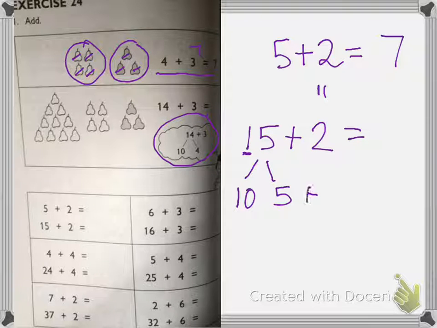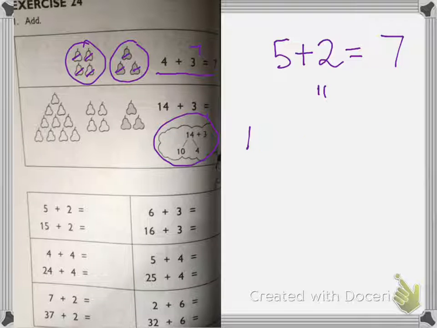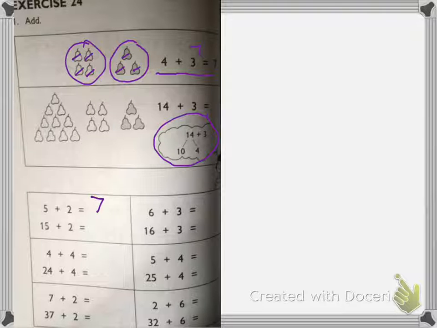And then we have our 5 plus 2 from up here. And we know that 5 plus 2 is 7. So when we add a 10 to 7, we get 17. So we're going to go ahead and write our 17 in our workbook. 5 plus 2 is 7. 15 plus 2 is 17.